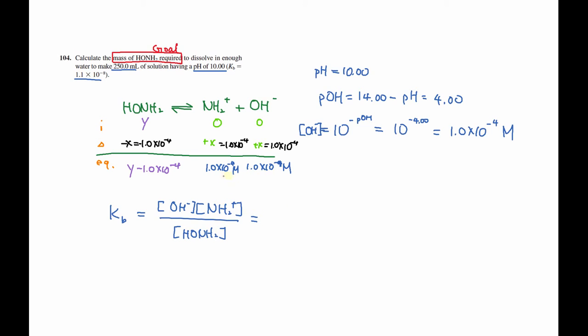You plug it in, and the concentration of the ammonium and the hydroxide are the same, so you can simply square it, and then you have y minus 1.0 times 10 to the negative 4th equal to the given information, 1.1 times 10 to the negative 8. And we just have to find the y now, which is our initial concentration.